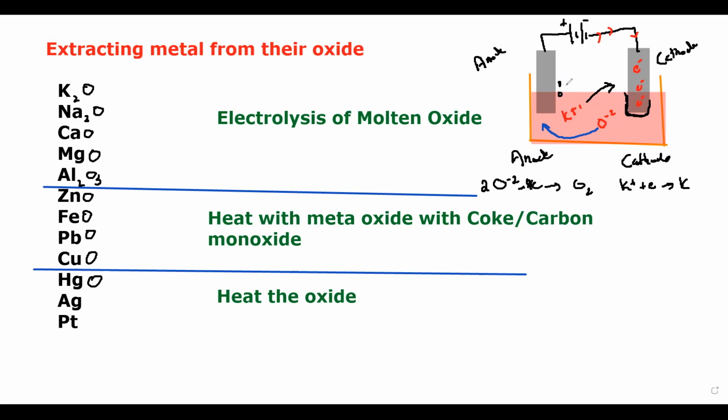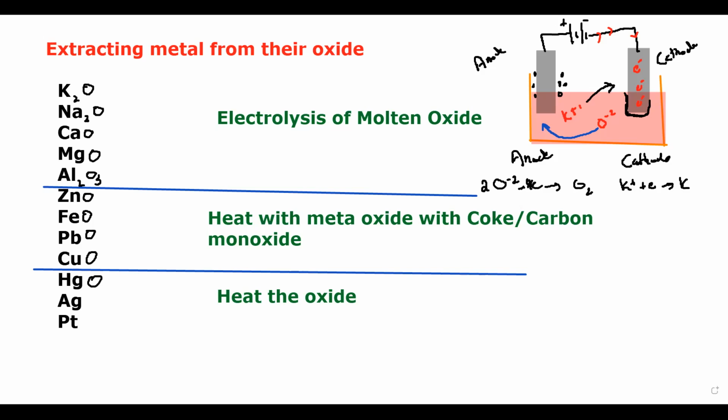So we'll see a colorless gas given off, or bubbles. In this way, we separate the potassium metal from oxygen, and this technique can be used to separate potassium from oxygen, sodium from oxygen, calcium from oxygen, magnesium from oxygen, and aluminium from oxygen.